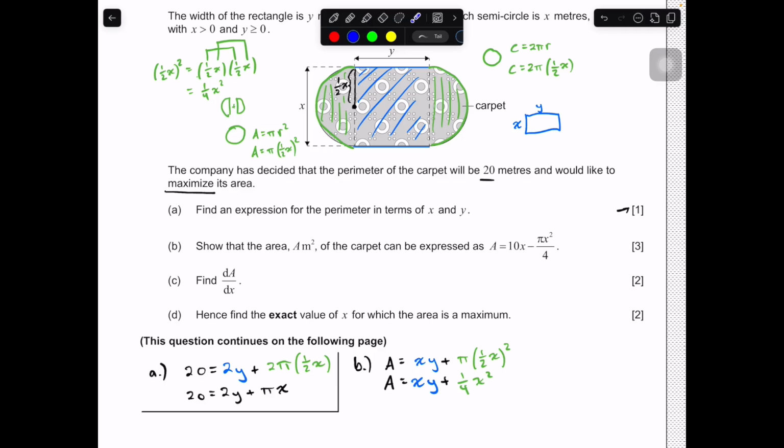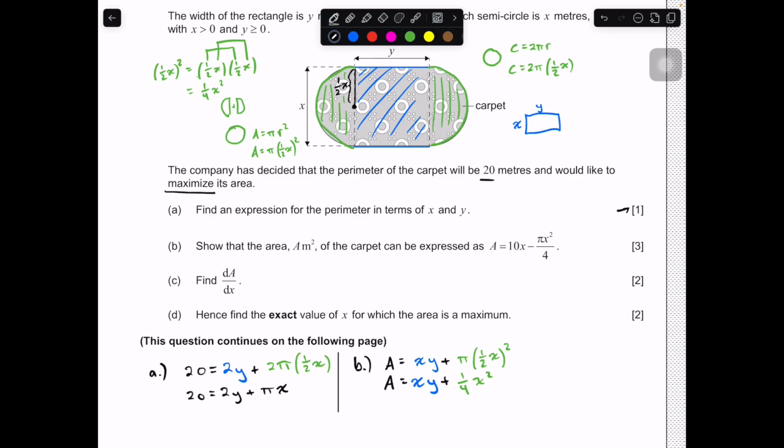Well, if we know that, for example, 2y plus pi x is equal to 20, if we have one other equation where y and x are related, we can rearrange this equation and get y all by itself. And if y is equal to something, then that means that y is that thing. And we should be able to substitute or replace y with whatever the equivalence of y is.